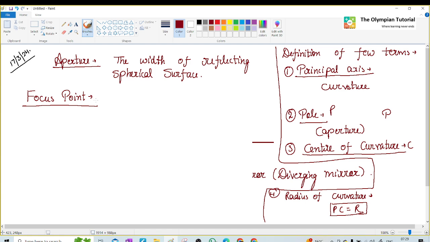I told you the heading focus point. The point on the principal axis where all parallel rays meet after reflection. It is denoted by capital F. Written.